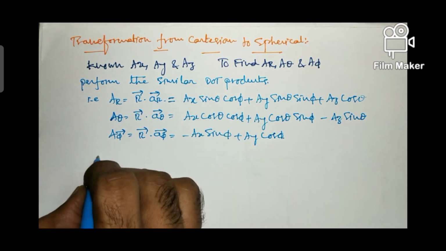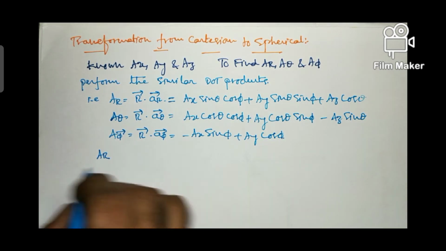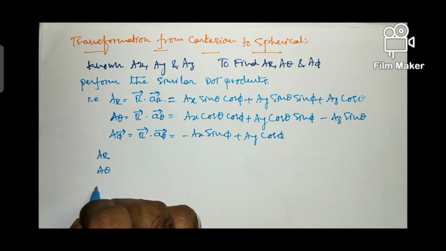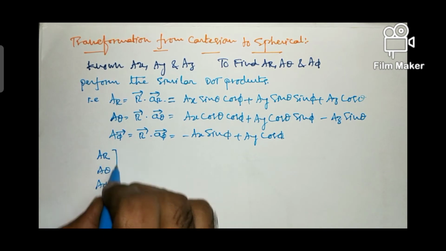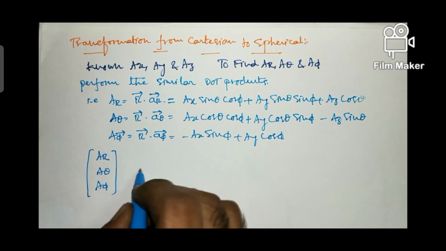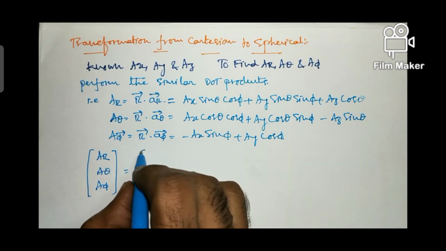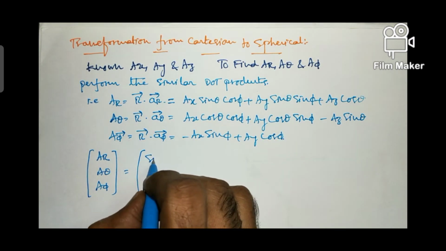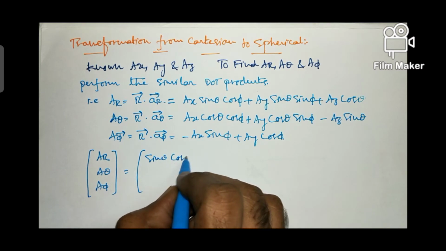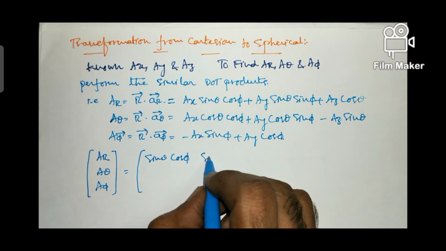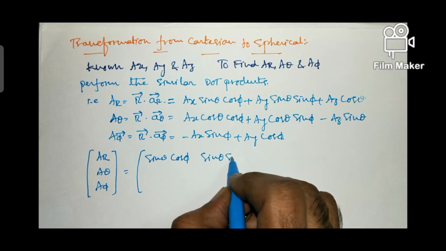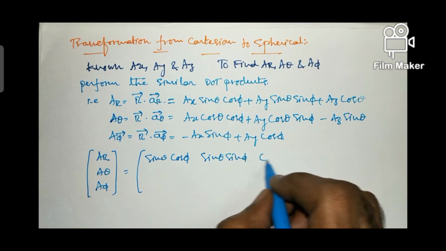And when it is put in matrix form, we get on the left hand side Ar, A theta, A phi, which is equal to, considering the coefficients onto the right hand side, sin theta cos phi, sin theta sin phi, cos theta.